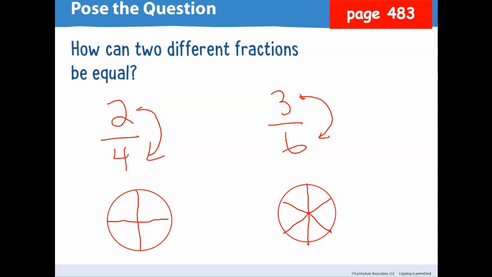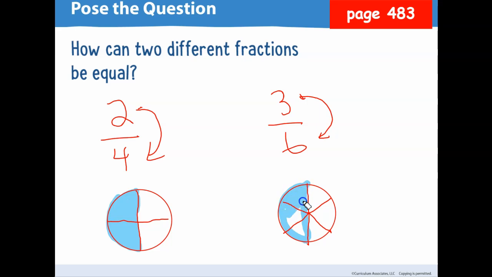Right? 2/4. How many am I going to shade in? What? 2. Okay. 3/6. How many am I going to shade in, everybody? 3. Say that again. 3.